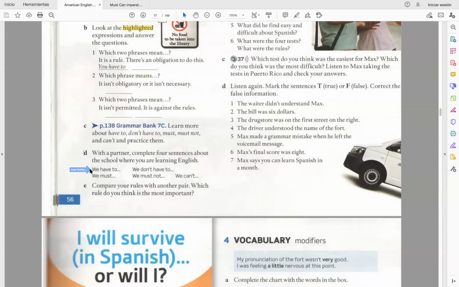We have to be in class at the time they start. Perfect. Another example would we have to? We have to be quiet in classes. Okay, we have to be quiet in classes, except in English classes, because in English classes you have to talk. Okay, that's the exception.